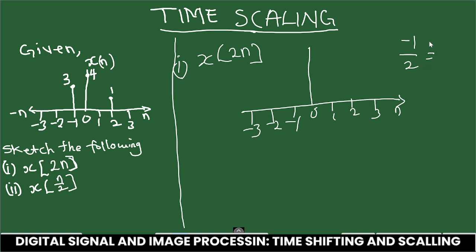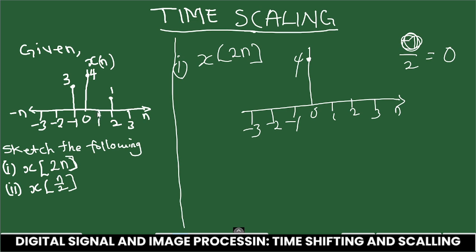Since this is not an integer, you leave it out, so that sample will disappear. Then move to the next sample at 0. 0 divided by 2 gives 0, so that sample will appear, and the amplitude will be the same. Nothing happens to the amplitude. So that sample will be at this place, 4.